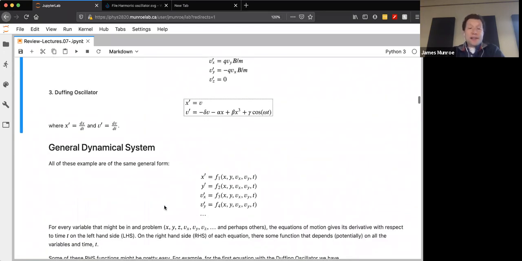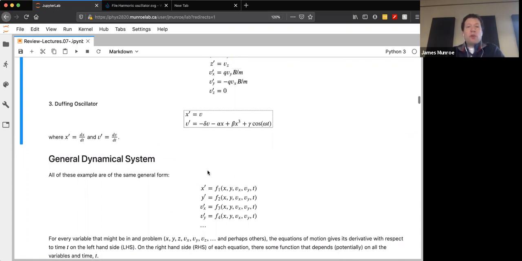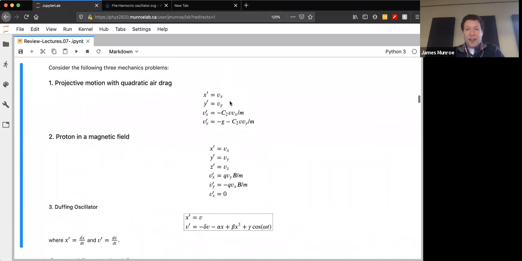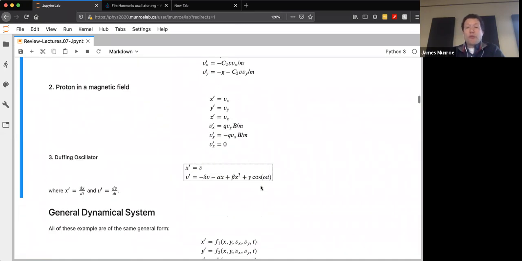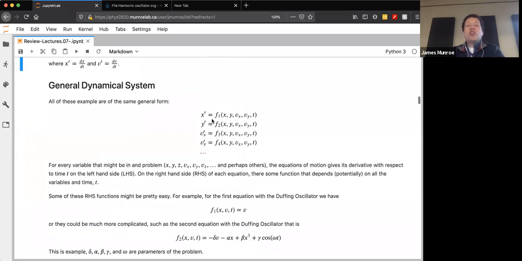What I was doing in this lecture was trying to introduce an even more general concept. Rather than talking about specific examples, like air drag, or an oscillator, or a forced oscillator, we could just talk about a generic system.